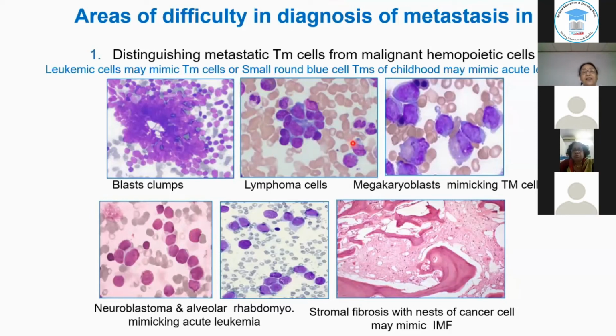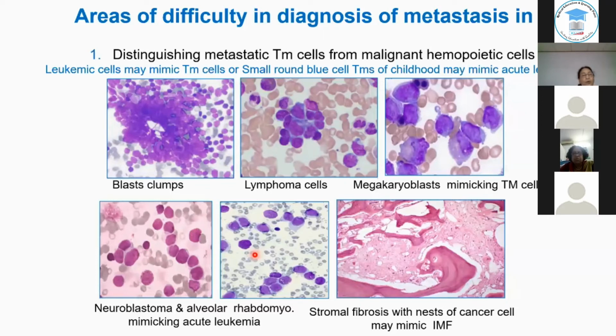Then in the second picture, you can see lymphoma cells, which are forming acini. So may resemble some adenocarcinoma. In the third picture, you can see megakaryoblasts, which may mimic tumor cells. Similarly, the neuroblastoma and alveolar rhabdomyosarcoma may mimic acute leukemia.